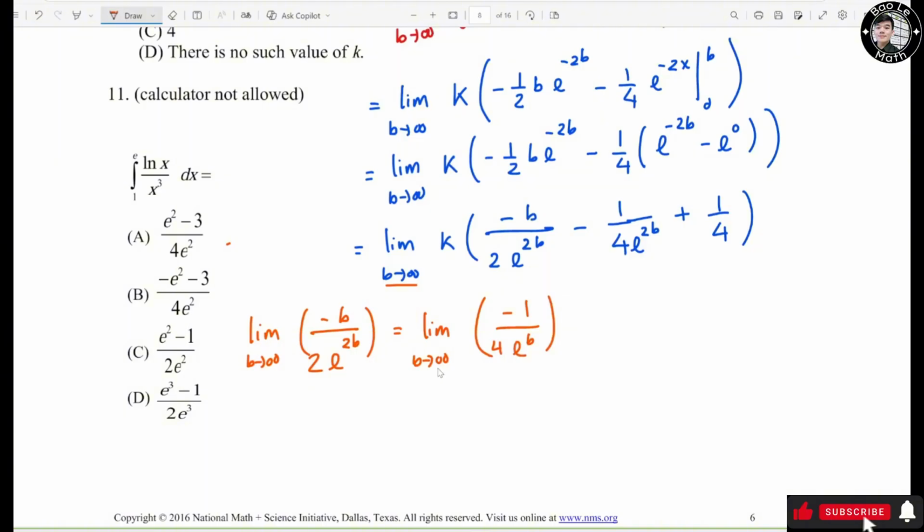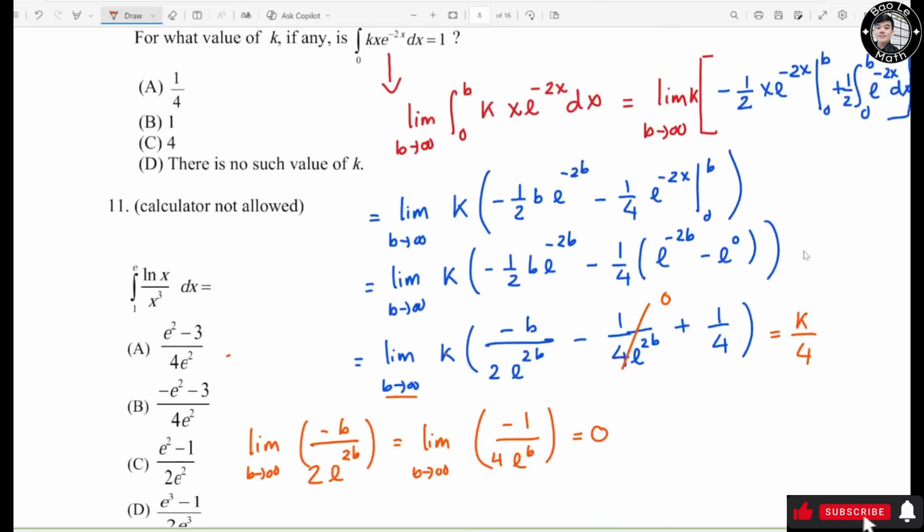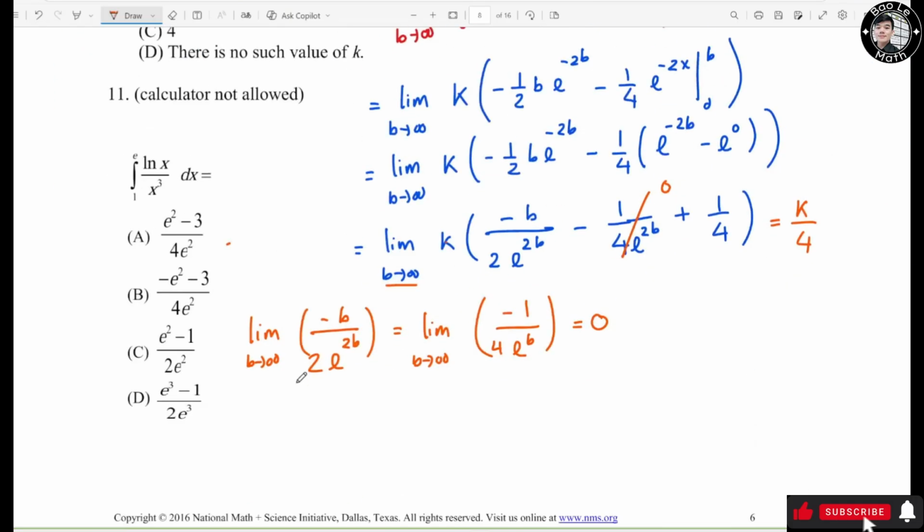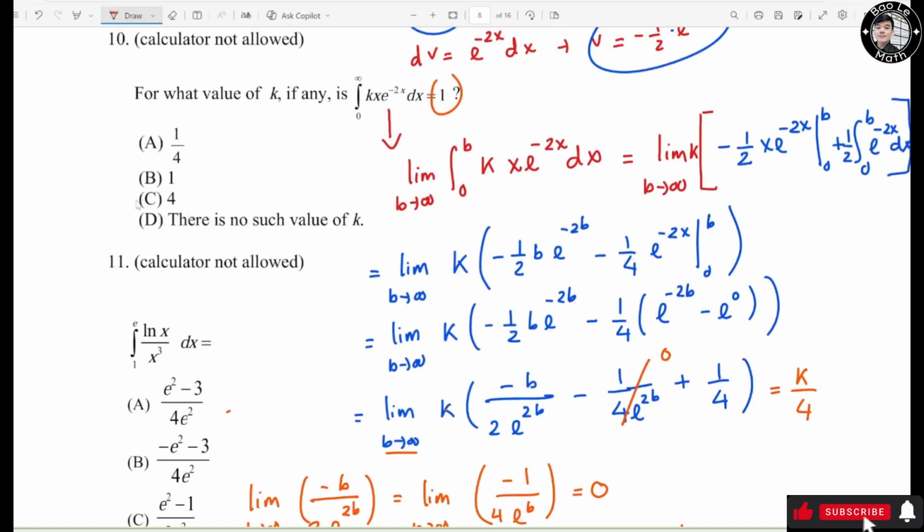So when b approaches infinity, this guy approaches 0, right? Similarly, this guy approaches 0, right? So we only have 1/4 left, right? So this guy becomes k times 1/4, which means k over 4, right? But this guy equals 1, right? So we have k over 4 equals 1. Then k equals 4, right? So the answer must be C.